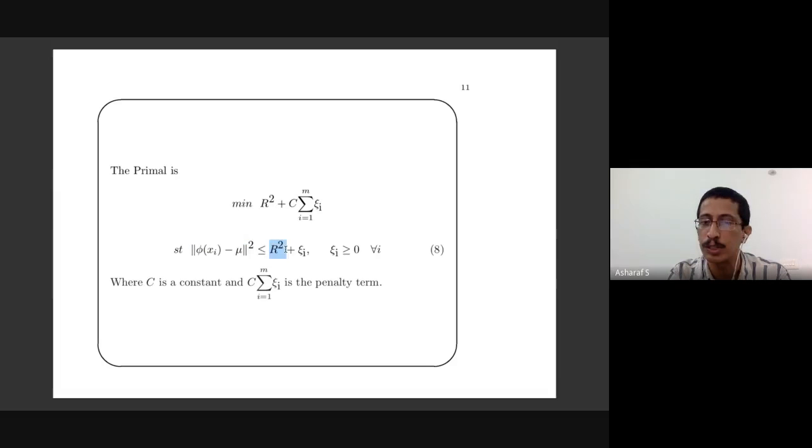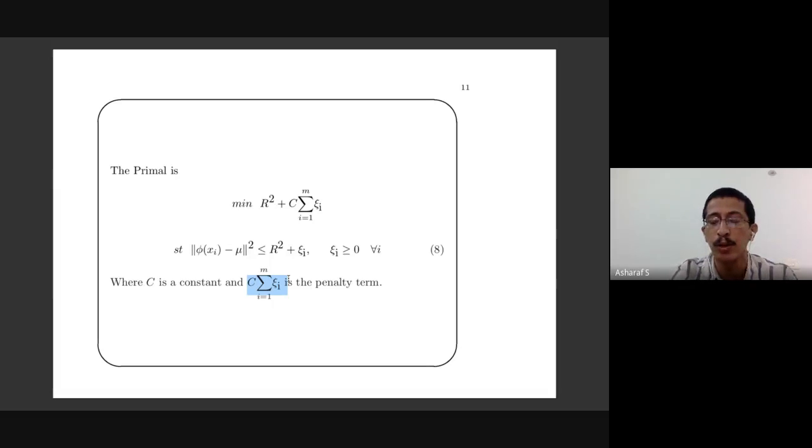So it should be like the radius plus the mistake that it makes. Zeta i is greater than or equal to 0 for all i, where this is a penalty term introduced for allowing certain points to fall outside. That's the only difference compared to an MEB problem.